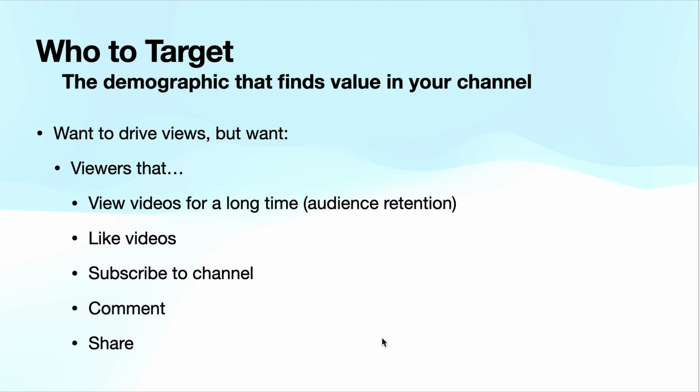We want viewers that subscribe, comment, and share. If we could find those specific viewers and target those specific viewers, we would have videos that increase their statistics such that the YouTube algorithm will tend to promote them more.